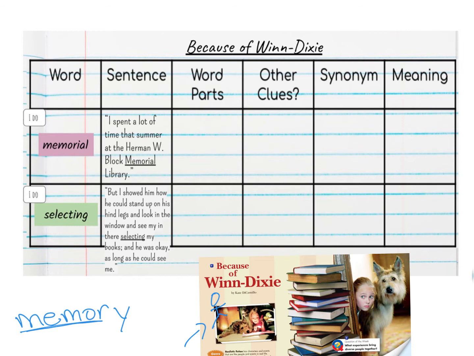And we already underlined it and discovered memory. We also underlined some other clues. I'm noticing we underlined in the text Herman W. Block. I'm just going to write Herman in my graphic organizer. And library was a second clue.